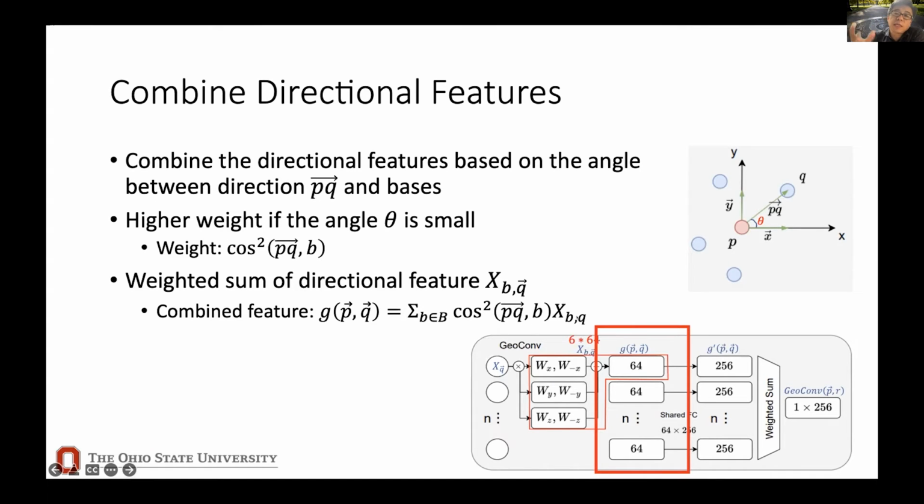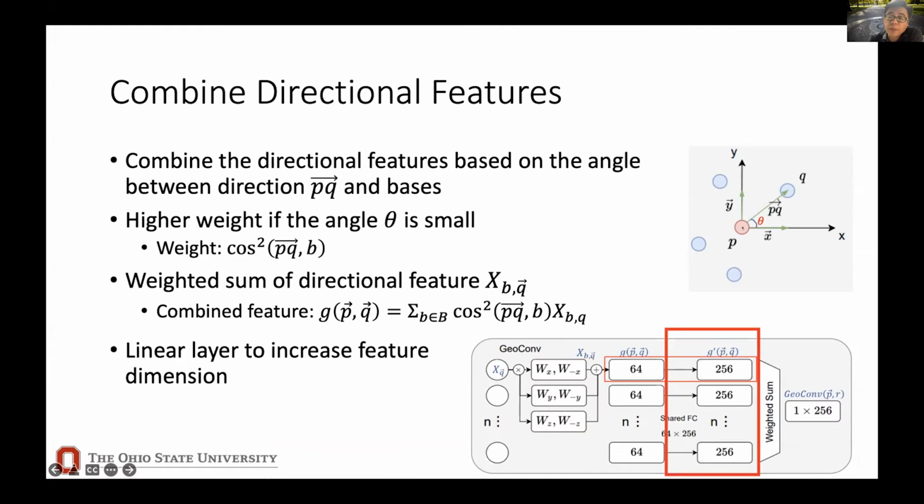So at this stage, for every particle Q around particle P, based on the position offset and also the attributes, I'm able to combine that into a single 64-dimension vector to represent particle Q. But remember, this is only for one Q. For one particle, I have n minus 1 particles around P, so I'm going to have to combine them. But before I combine, I want to represent as much information as possible.